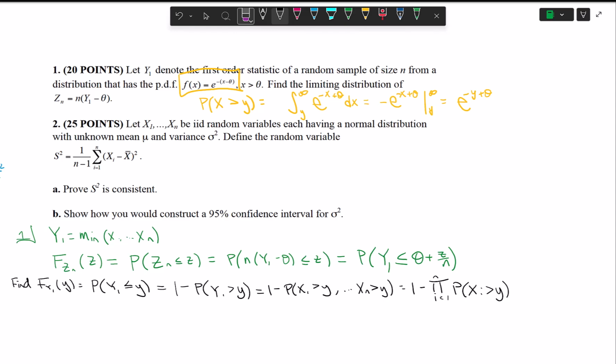So now we have the distribution of Y1, and we need to plug that in for the original Z's.